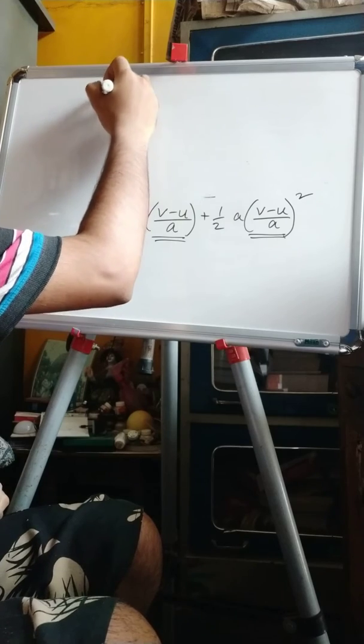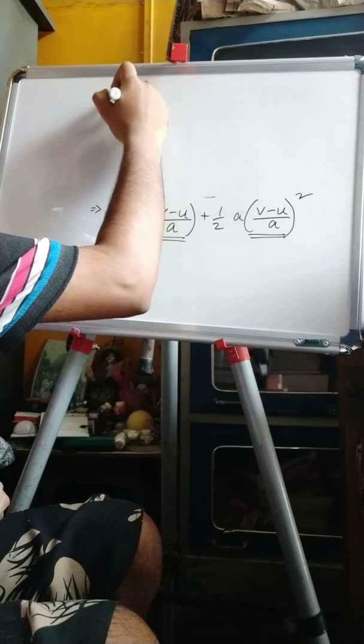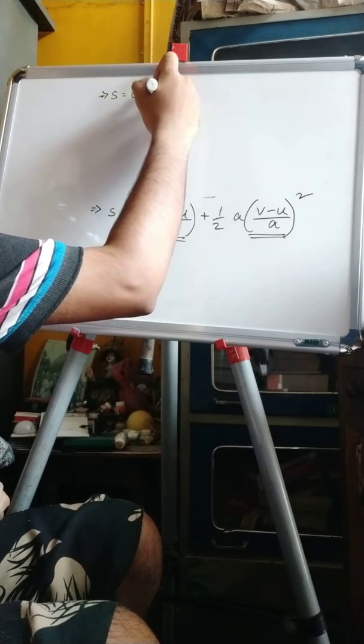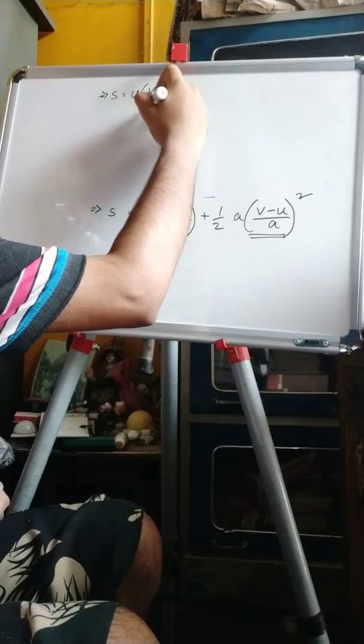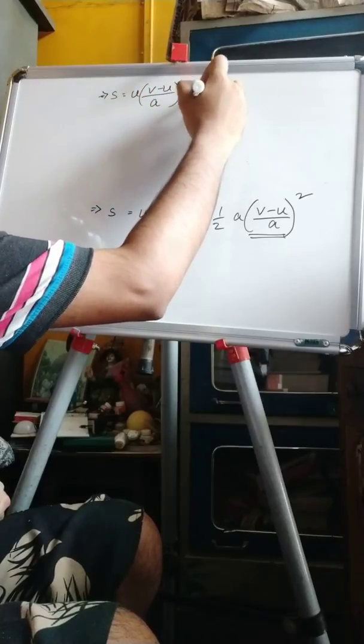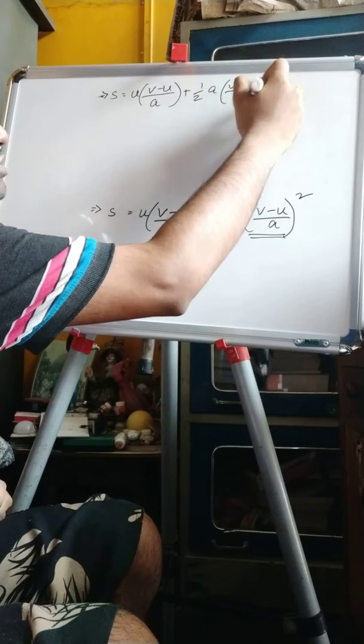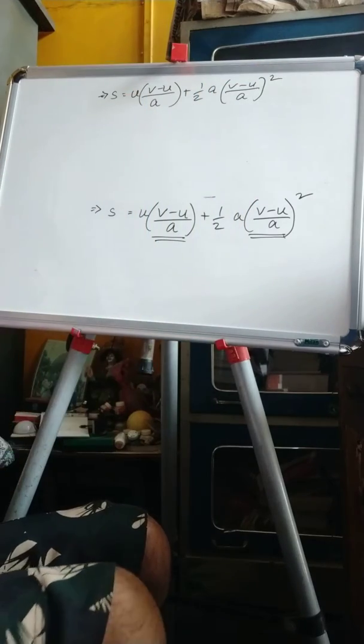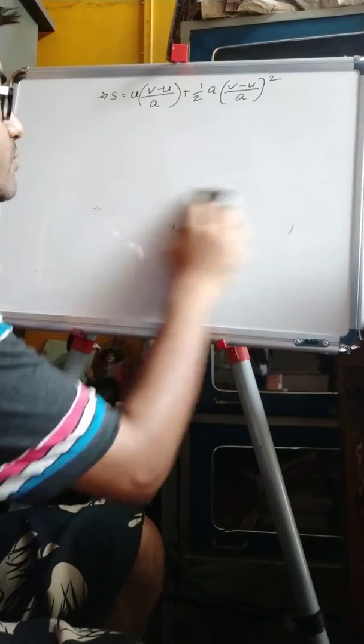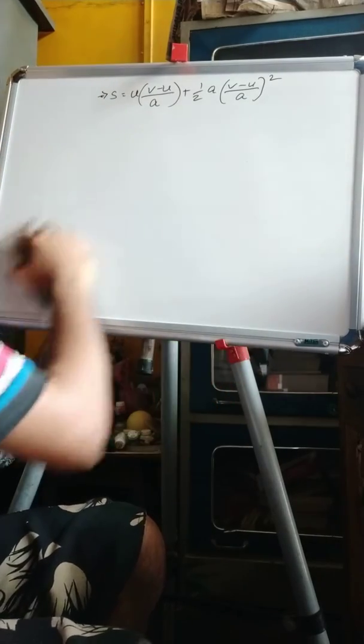Now this implies, I'll copy this here, s equals u into v minus u by a plus half of a into v minus u by a whole square. So now we are going to derive this formula accordingly.